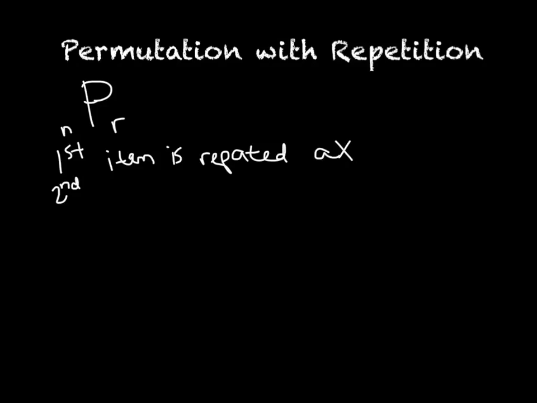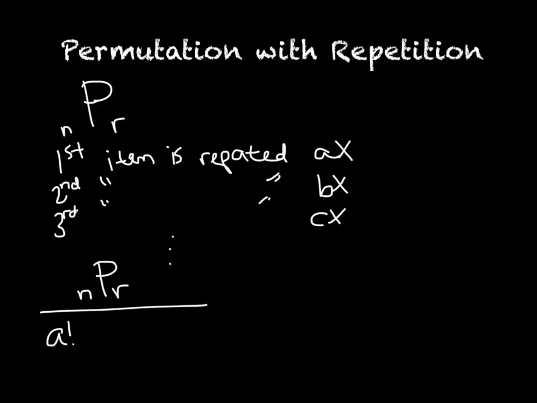Your second item is repeated b times. Your third is repeated c times, etc. Now the way you calculate the permutation is you do permutation nr as usual, and then you divide by a factorial, b factorial, c factorial, etc.